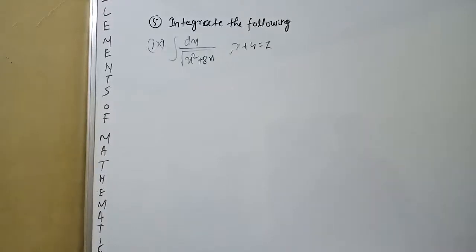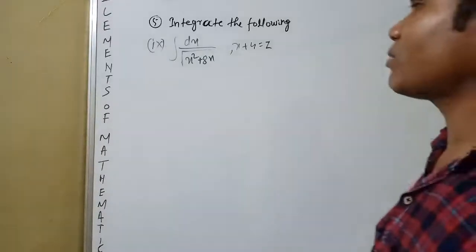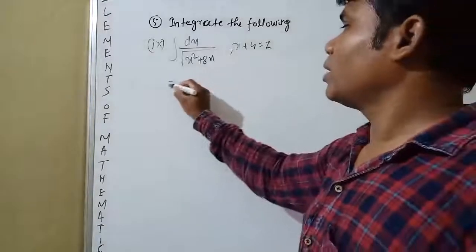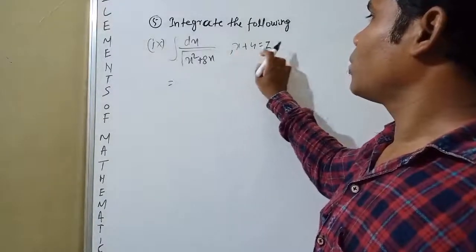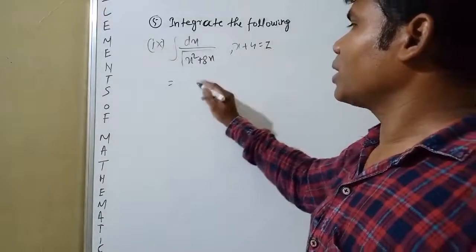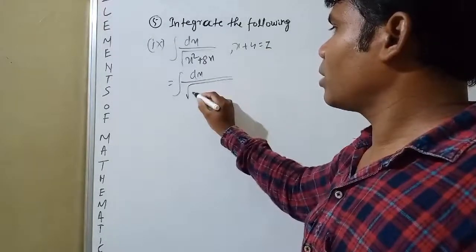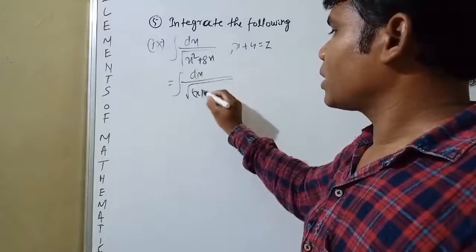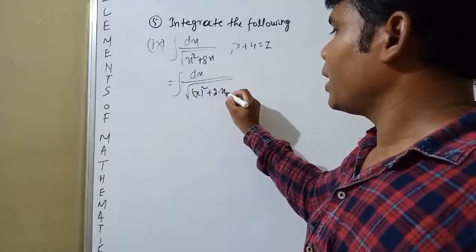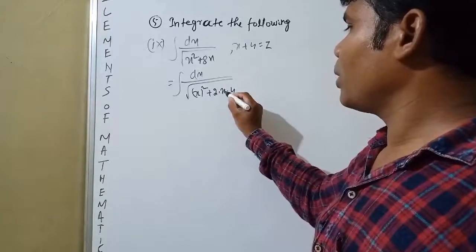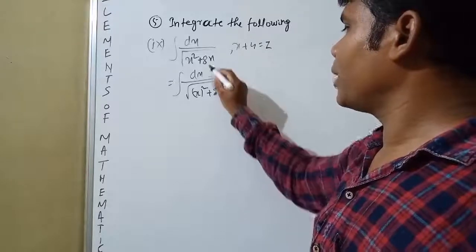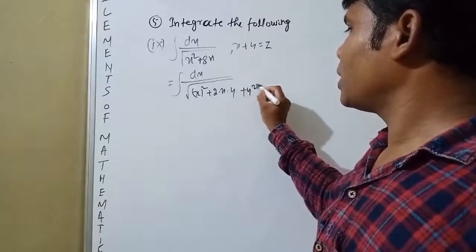You see the next question, integration of dx by root over x square plus 8x. Here also, given x plus 4 is equal to z, you take. Okay, you see x square plus 2ab plus b square, that is 2 into a into b, 4 into 2 is 8x, plus b square, that is 4 square.